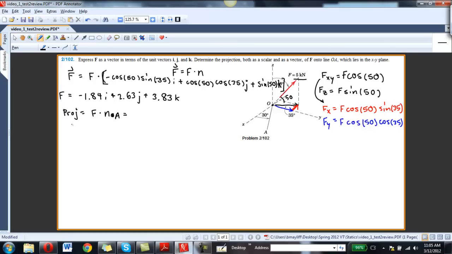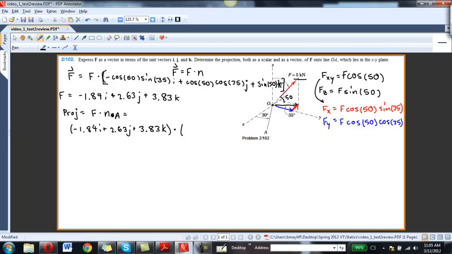So we'll have negative 1.84 i plus 2.63 j plus 3.83 k, and that is the F vector, and that's going to be dot. Now for this, all we have to do is we just say that A is going to be in the xy plane, which means there's 0 k.